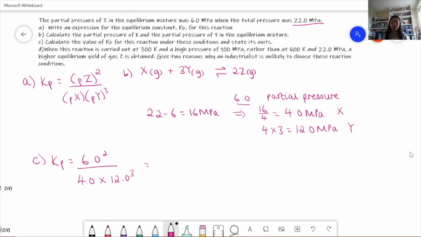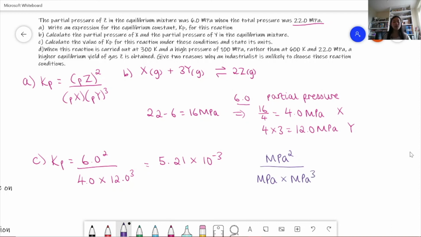And that comes out to be 5.21 times 10 to the minus 3. And now we need to work out the units. So again, we write out the units separately and then cancel. So we've got megapascal squared on the top, and then we have a megapascal times by a megapascal to the cubed. And so we can start cancelling.